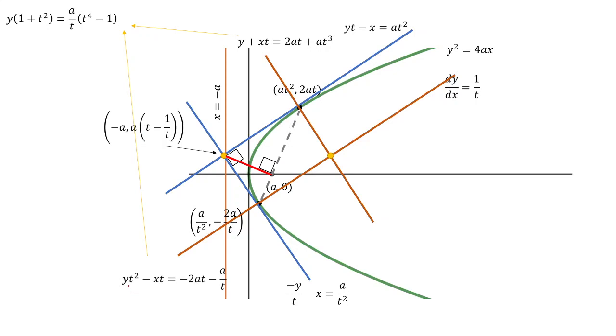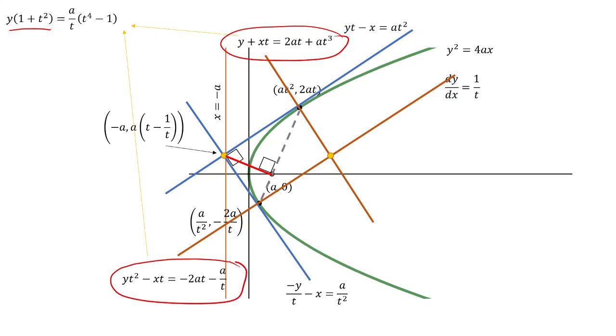So you see, what have I done here? Oh, I have just added these 2 equations, this equation here and this equation here. I have just added so that the xt and xt cancels out, and I get y. The coefficient of y is now 1 plus t square.